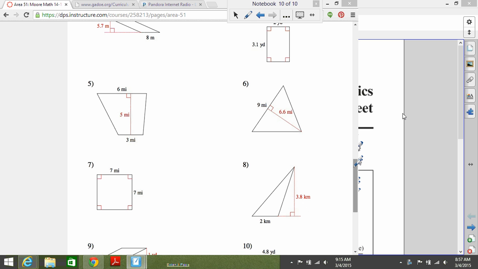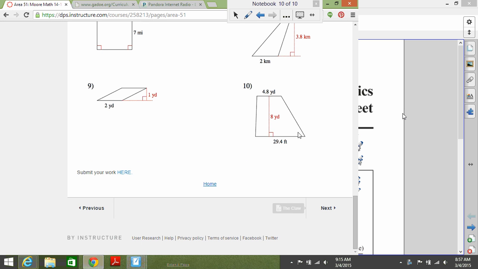Okay, let's hop down to number 10, last one. Trapezoid. Let's do one more trapezoid. Okay, this is the long formula. Okay, there's our formula.